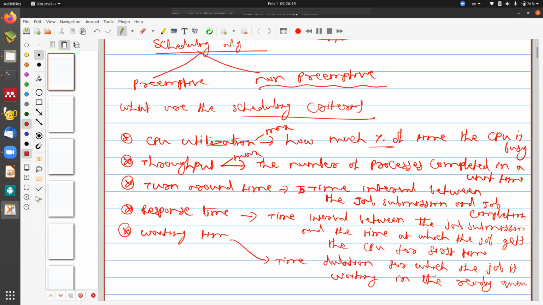Then at 5 o'clock I leave the college. I completed my work and left. So what is the turnaround time, the response time, and the waiting time with respect to this example? I reach my department at 7, leave at 5, so the total time I stay inside the college is 10 hours.